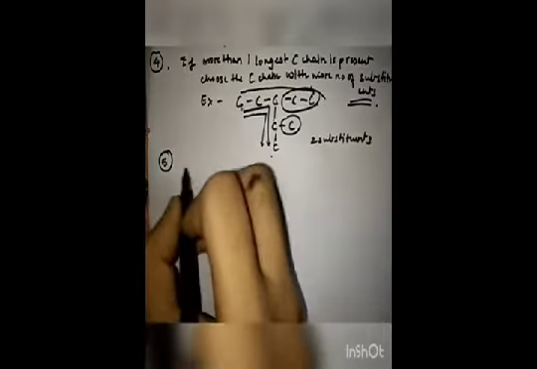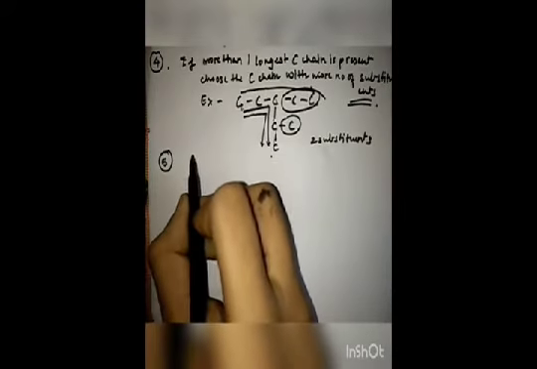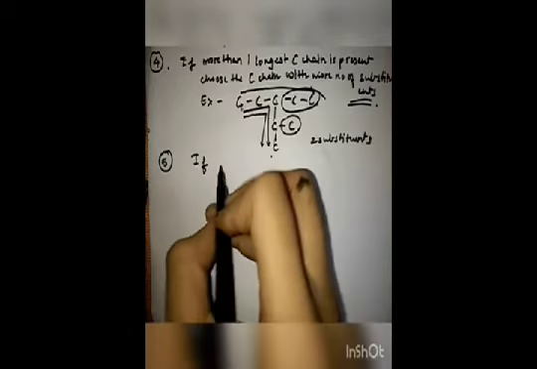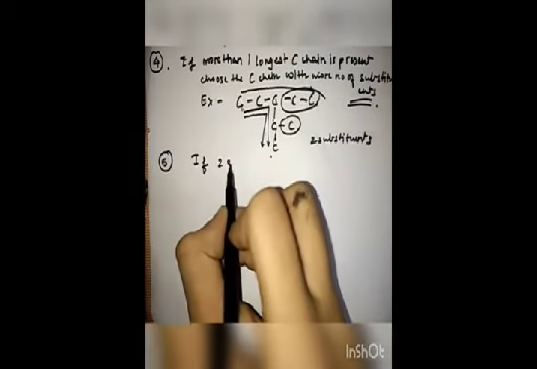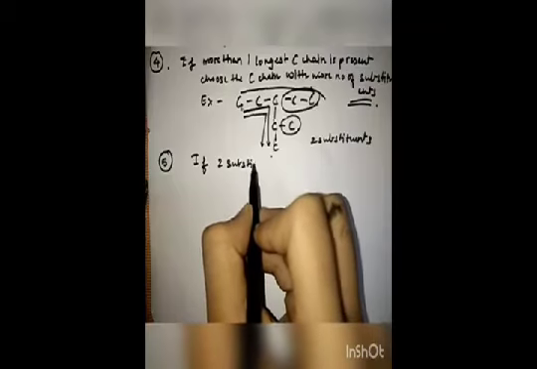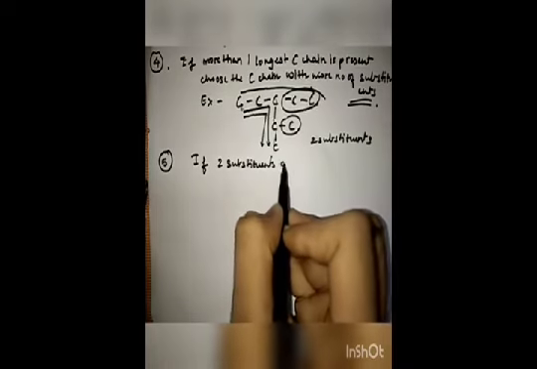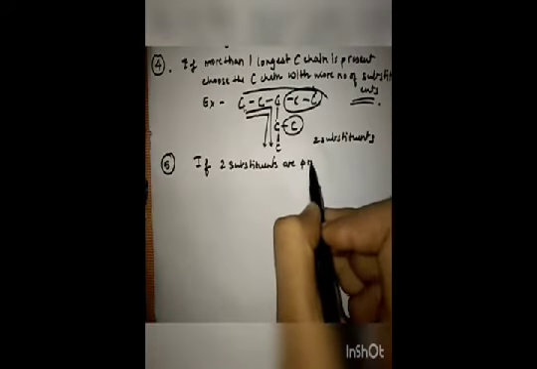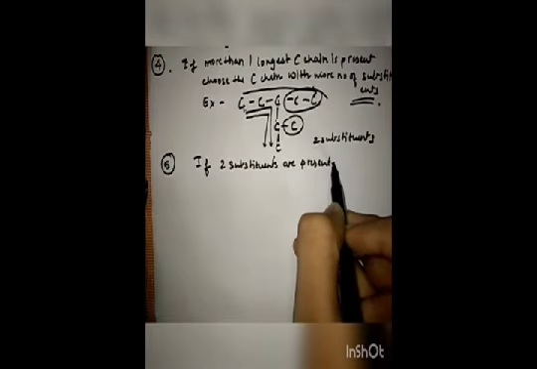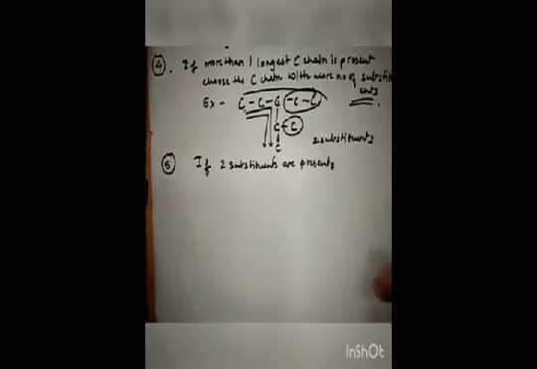Let's talk about the fifth rule. The fifth rule says that if two substituents are present, I'm talking about substituents, not about the functional group as substituents.